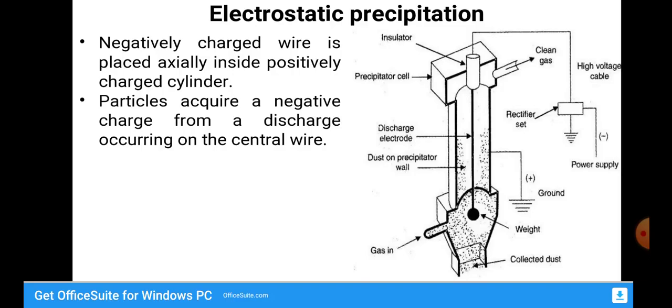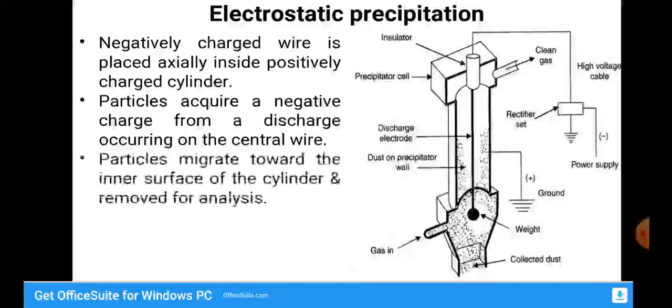So these negatively charged solid particles will be attracted toward the inner surface of this cylinder and they will be deposited on the cylinder surface. Particles migrate toward the inner surface of the cylinder and then they can be removed for analysis.